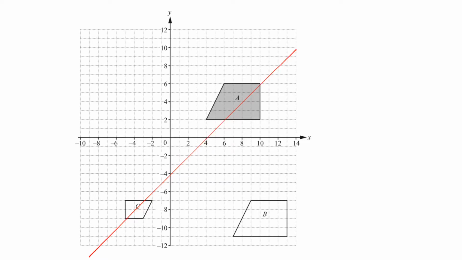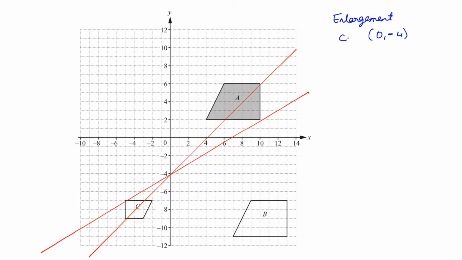Now we'll join another one. We'll join this point with this point here. The place where the two lines intersect, that is your center of enlargement. So the first thing is that it's enlargement. We found the center of enlargement is 0 and negative 4.